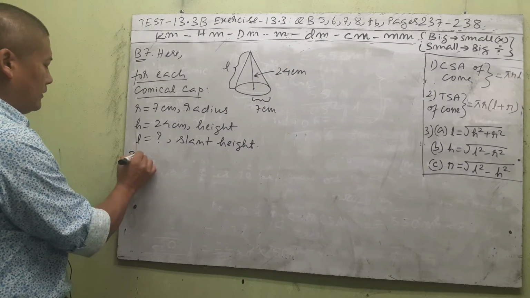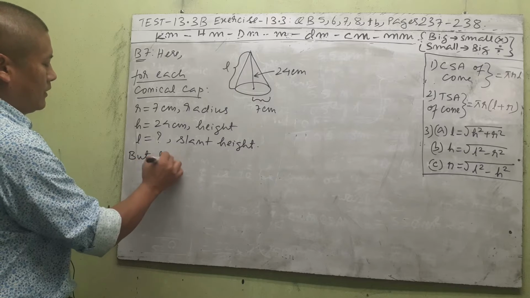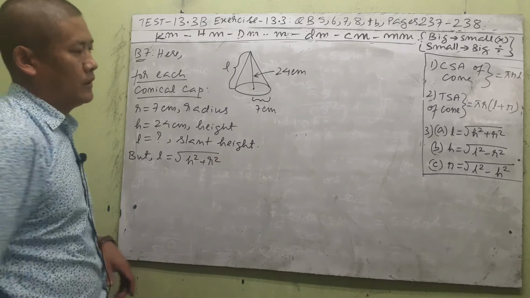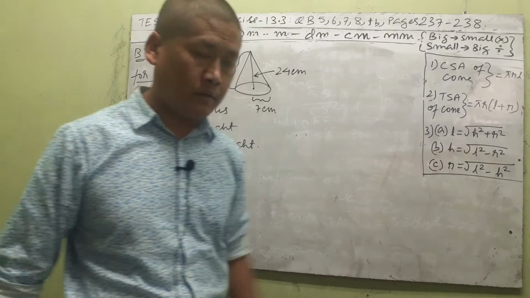By formula, L can be written as the square root of h squared plus r squared, as you can see here, formula 3a.